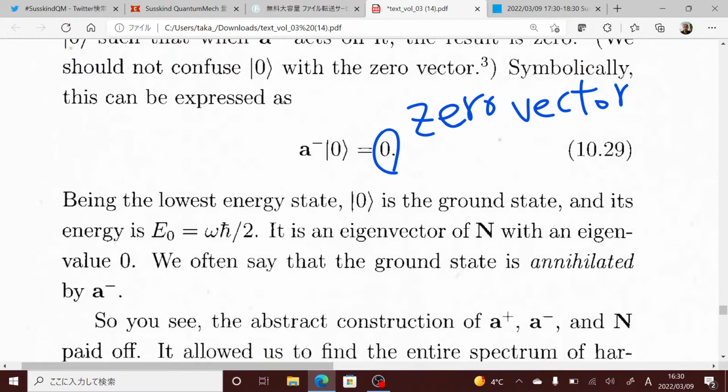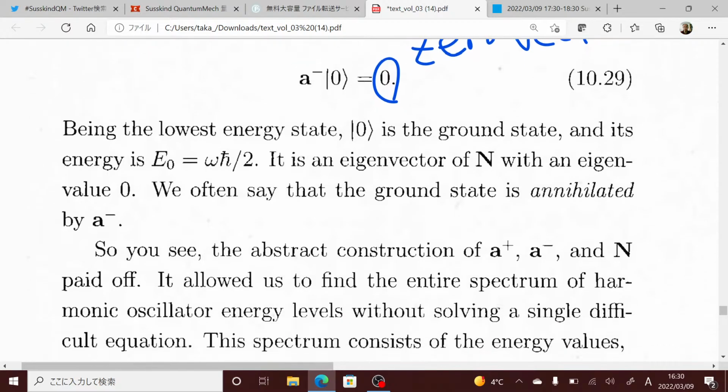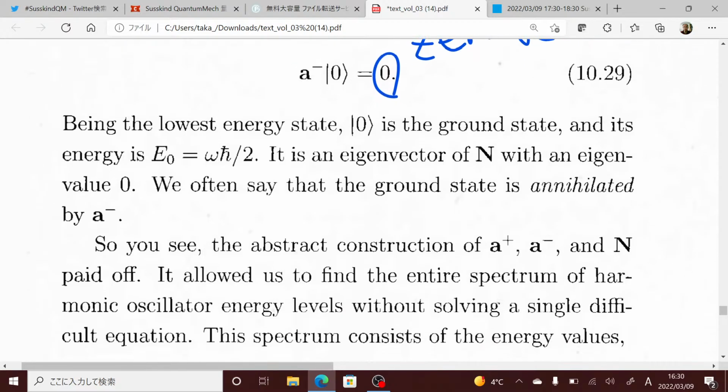Being the lowest energy state, ket of 0 is the ground state, and its energy is E0 equal to h bar omega divided by 2. It is the eigenvector of n with an eigenvalue 0.